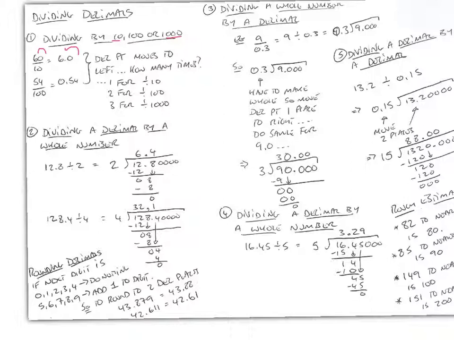And if we're dividing by 100, it moves 2 places to the left, and by 1000 it would move 3 places to the left. Okay? And similarly, I suppose the opposite to that is if we're multiplying a decimal by 10, 100 or 1000, the decimal point would move 1, 2 or 3 places to the right when we multiply by anything to the power of 10.